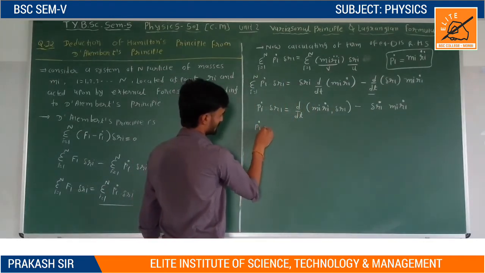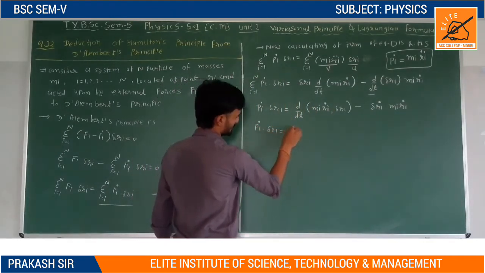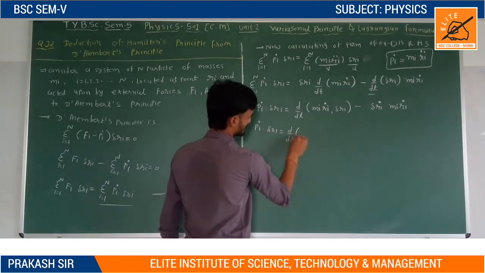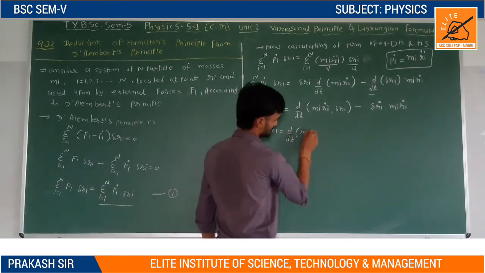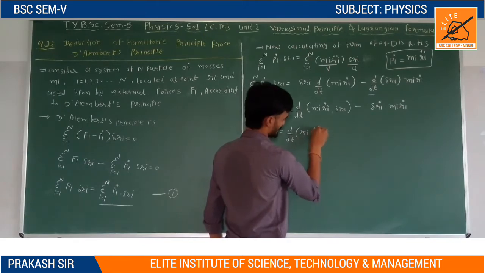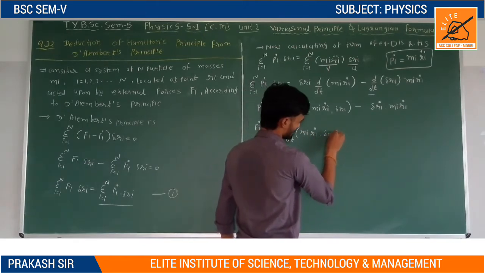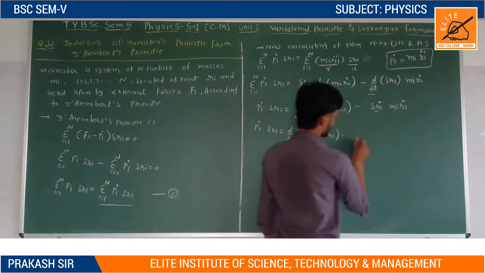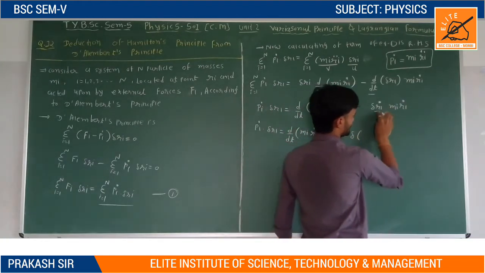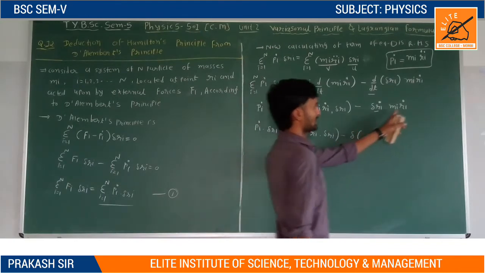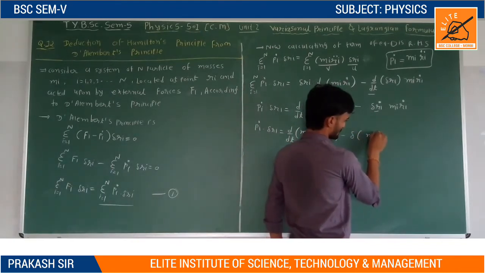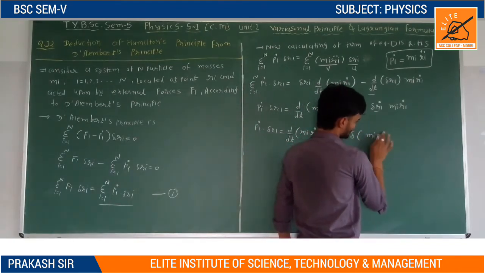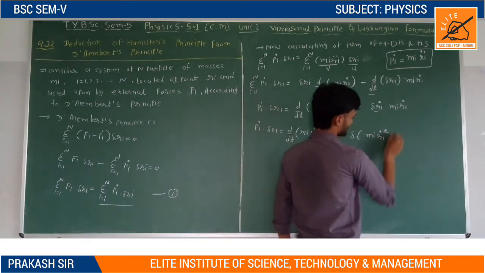So the summation of pi dot delta r equals d by dt of mi r dot into delta r, minus the term with r dot square.